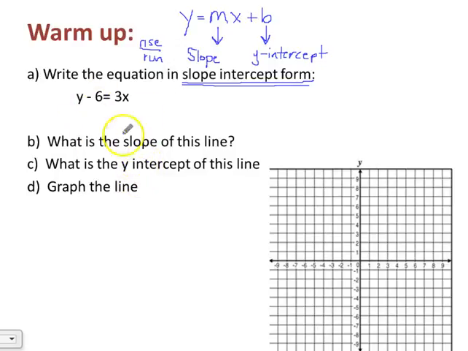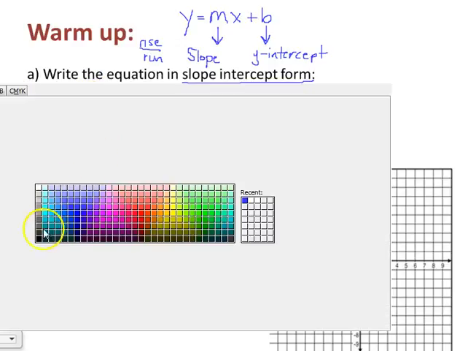So to get this equation into slope-intercept form, what we need to do is get y all alone on one side of the equation and all the other terms on the other side. So I see I need to move this negative 6 to the other side, and then I'll have y all alone and all my other terms on the other side of the equation. Since I'm subtracting 6, I need to do the opposite to move it to the other side.